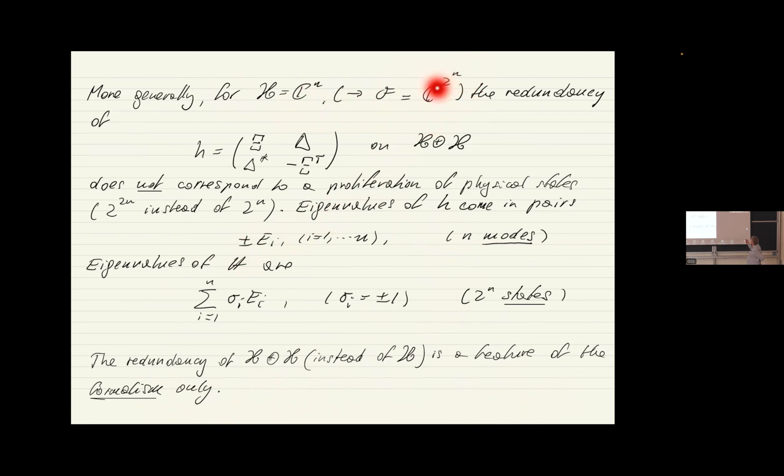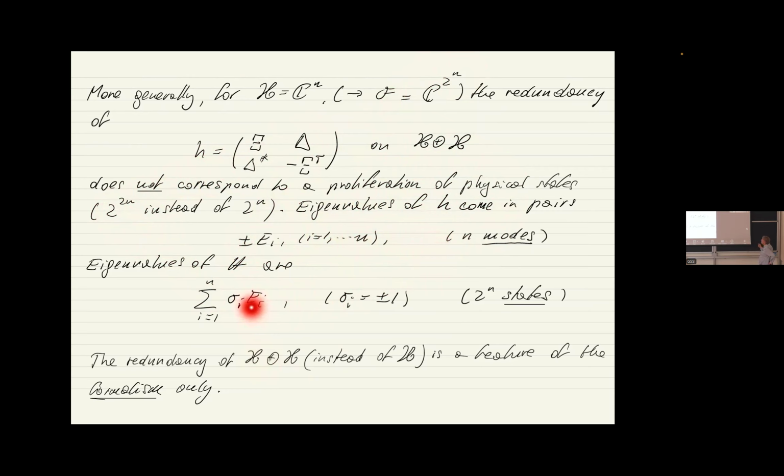And so the Bogoliubov-de Gennes Hamiltonian acts on this direct sum, H plus H, and this does not correspond to the proliferation of physical states, which would give 2 to the 2n if you passed to the Fock space, but the Fock space has dimension 2 to the n just once. Rather, the eigenvalues of H come in pairs, plus or minus, and we should call them modes.